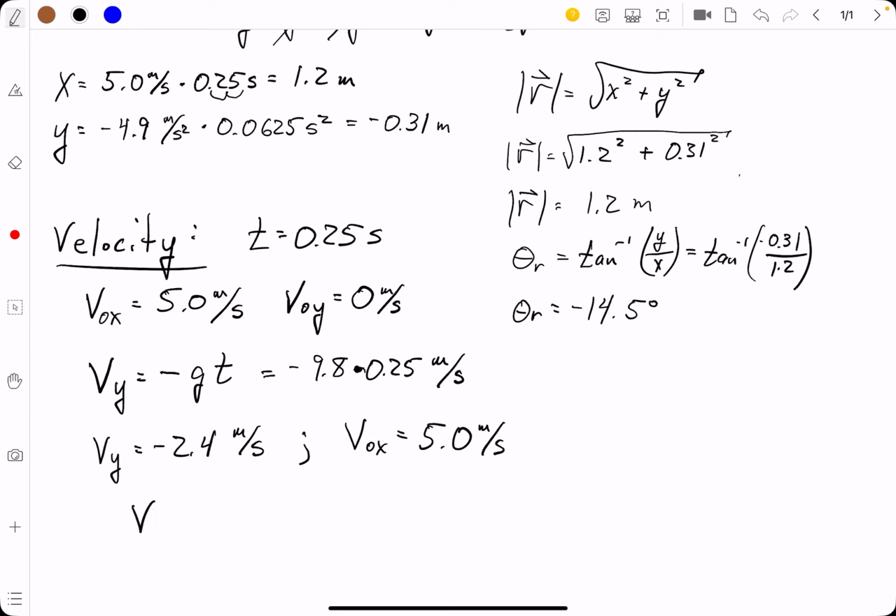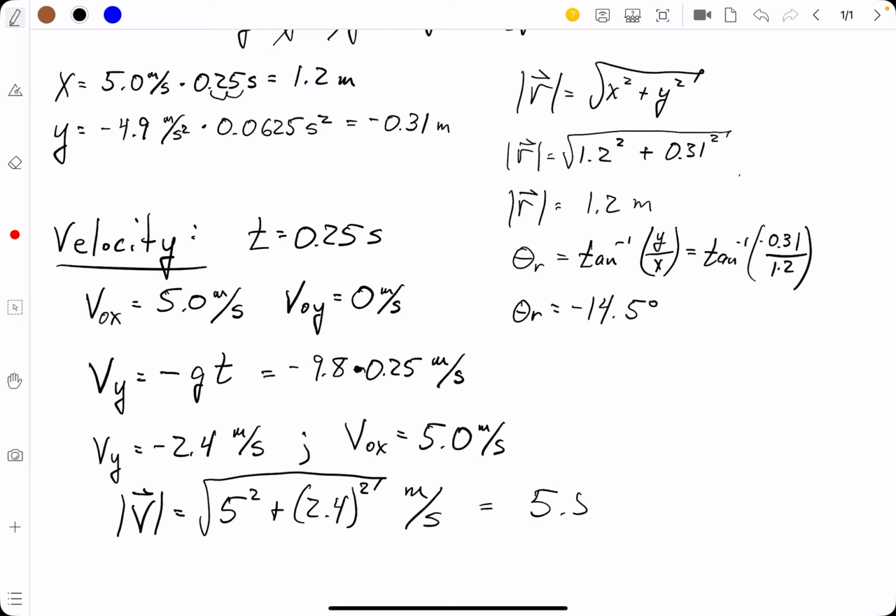What is our V? Well, that's the square root of 5 squared plus 2.4 squared, and that's going to pop out meters per second. And what is that equal to? 5.5 meters per second. And that's going to be equal to our absolute value.